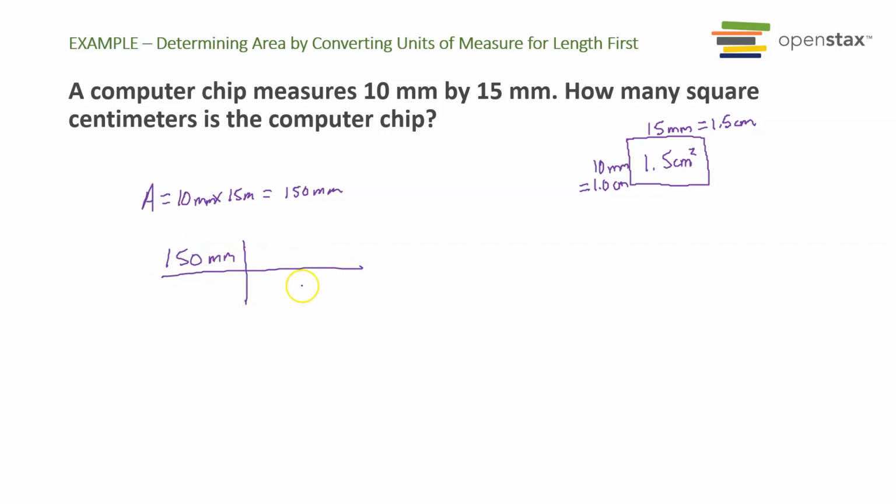And we want to end in centimeters, and we want to get rid of the millimeters. So 1 square centimeter has 100 square millimeters. And so we're going to cancel the millimeters, and if we do this division, we're dividing by 100, so that's 2 places to the left. So that ends up giving us 1.5 square centimeters.